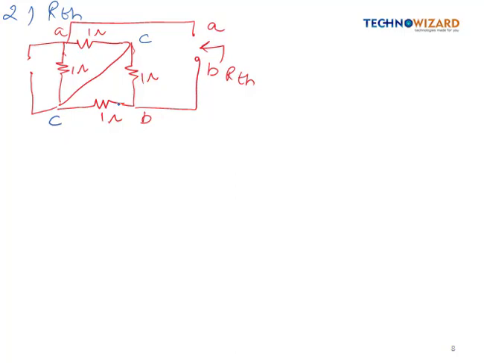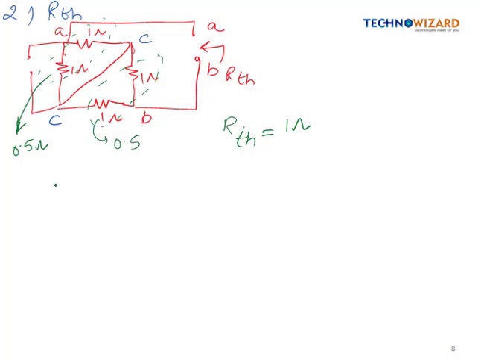Similarly, this 1 ohm and 1 ohm are connected between B and C, so they are in parallel, and their combination gives 0.5 ohm. Now overall they both will be in series. So from here the RTH value is coming as 1 ohm, right?